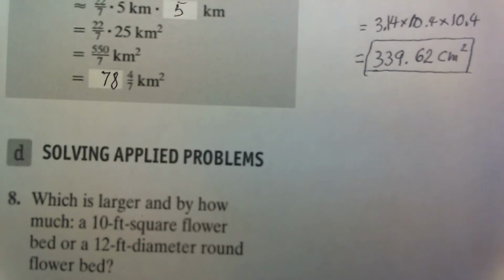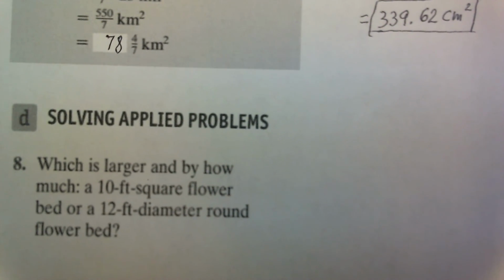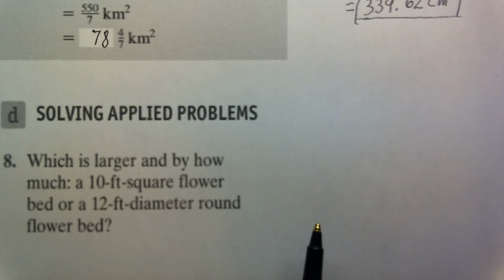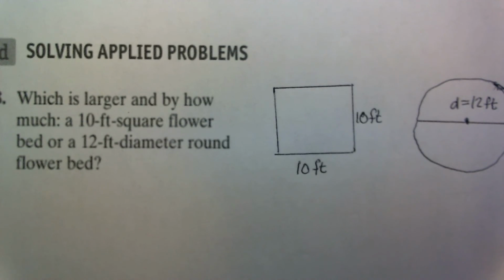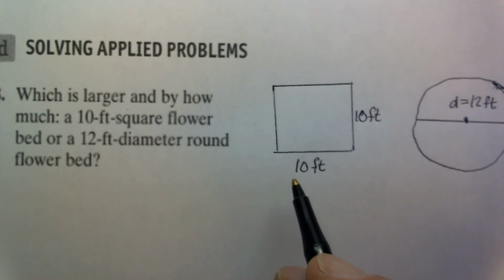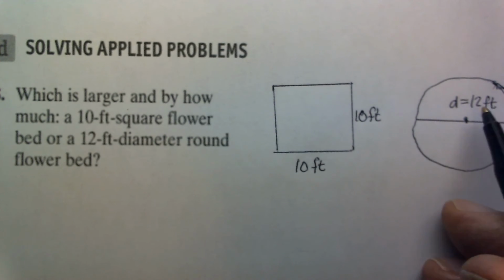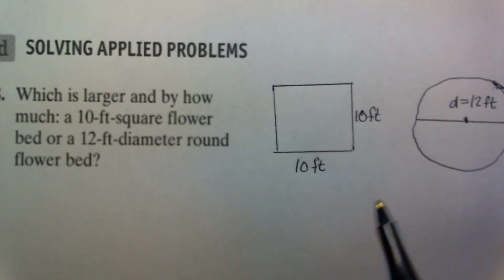Now we're looking at an applied problem. So the question is, which is larger and by how much? A 10-foot square flower bed or a 12-foot diameter round flower bed? So we have two problems here. So here's the square flower bed, 10 by 10 feet, and a circular one with a diameter of 12 feet.